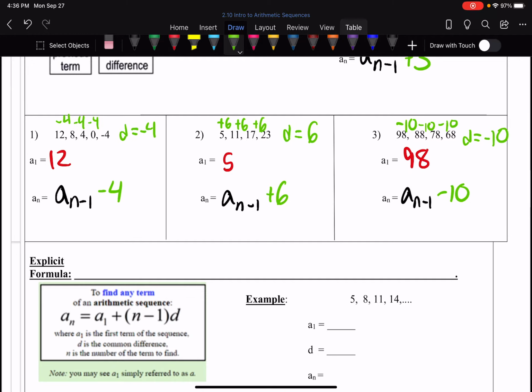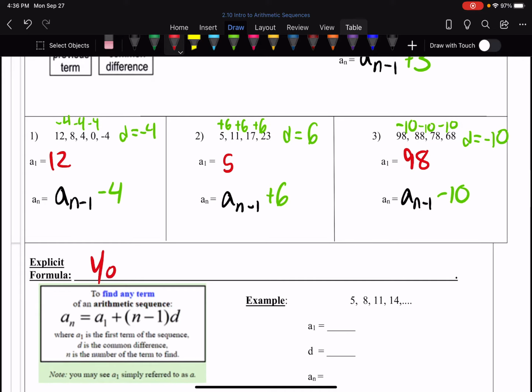Now let's move on to our explicit formula, which is going to be our very useful form for arithmetic sequences. With our explicit formula, you can find any term at any time. We're going to use this to find any term in the sequence no matter where it is.